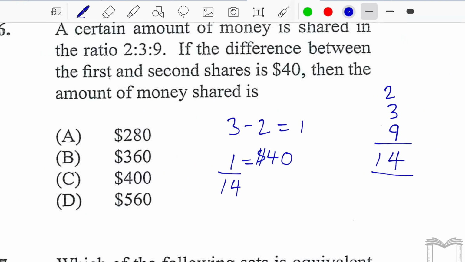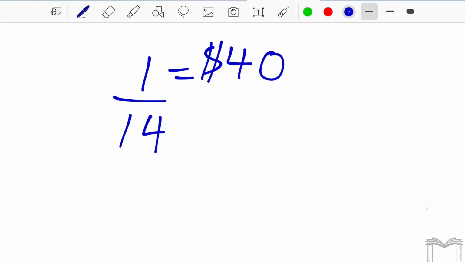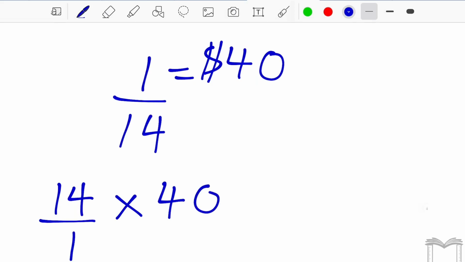They're asking us to find the total amount of money shared. If we have a fraction equal to an amount, we can simply flip that fraction and multiply it by the amount to get a total. 14 over 1, multiplied by 40.